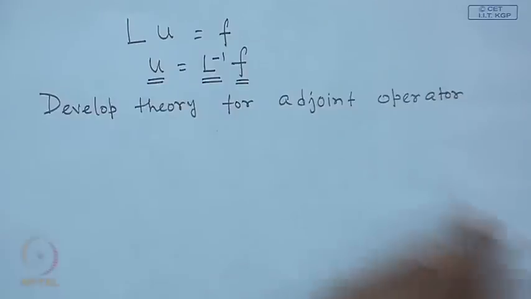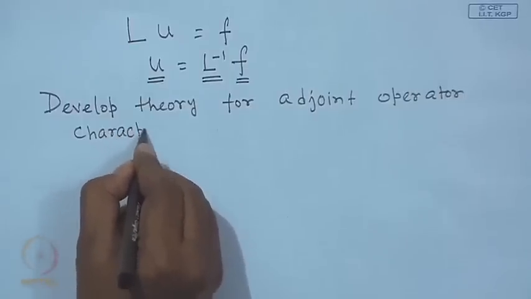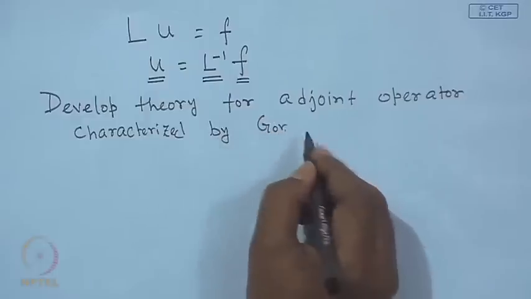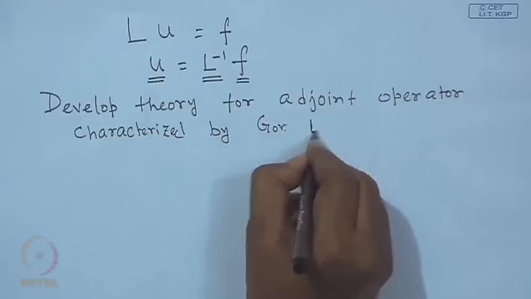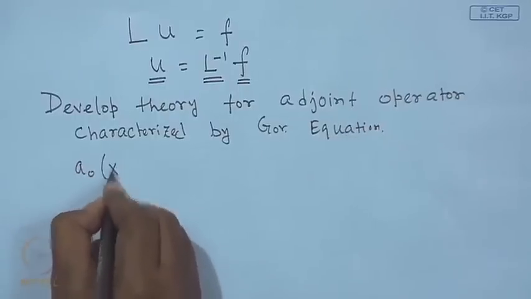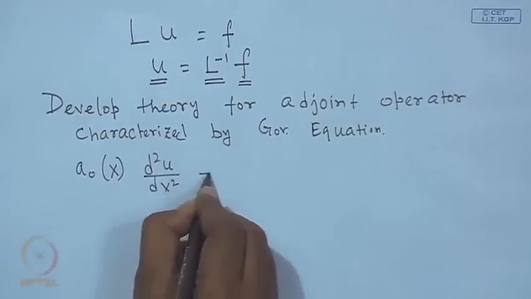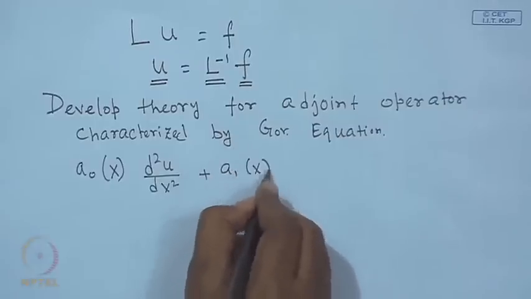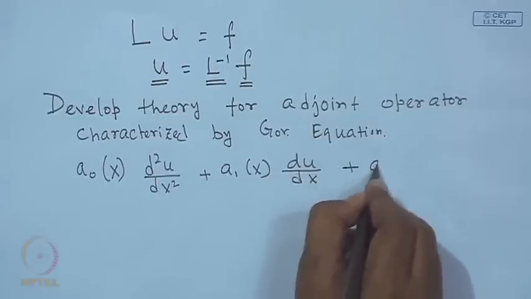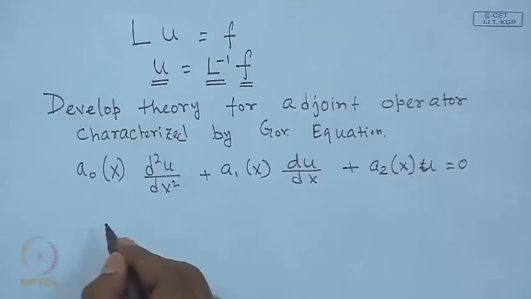Okay. So, consider the chemical engineering system characterized by the governing equation of second order, a0(x) d²u/dx² plus a1(x) du/dx plus a2(x) u = 0.